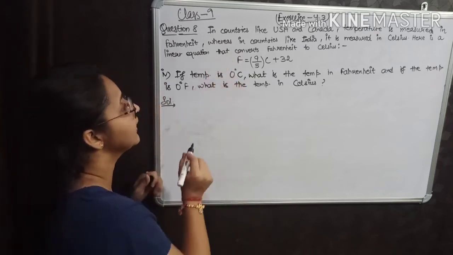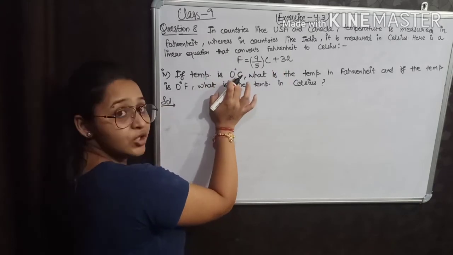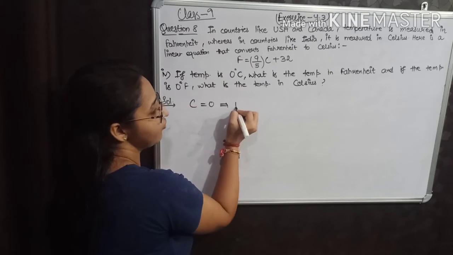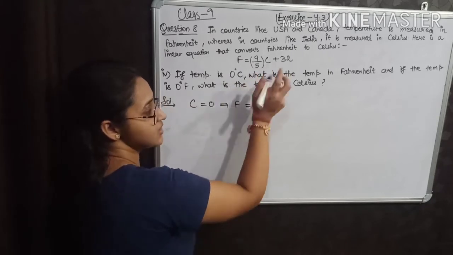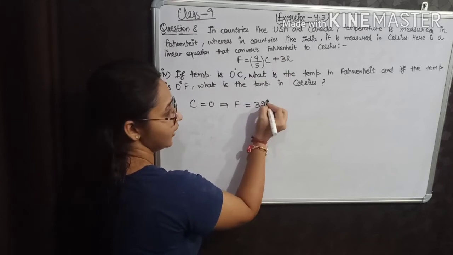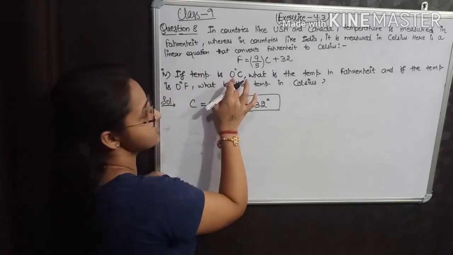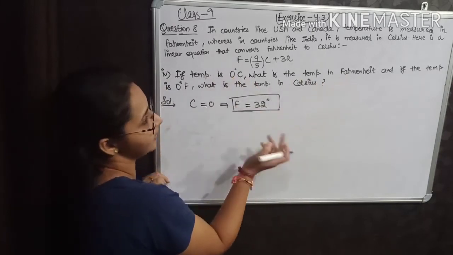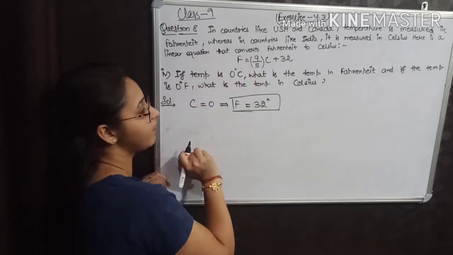We found that if the temperature is 0 degrees Celsius, it means C is equal to 0, then the value of F is 9 by 5 multiply C, C is 0, plus 32. It will give you 32 degrees. So the first part is, if the temperature is 0 degrees Celsius, then what is the temperature in Fahrenheit? 32 degrees. Very good.